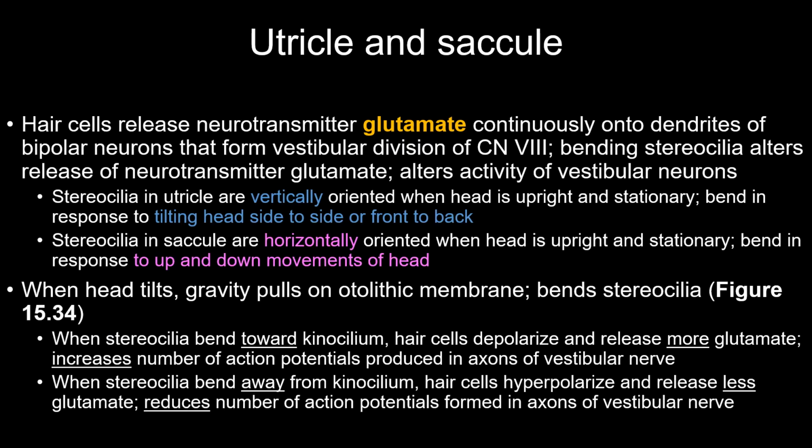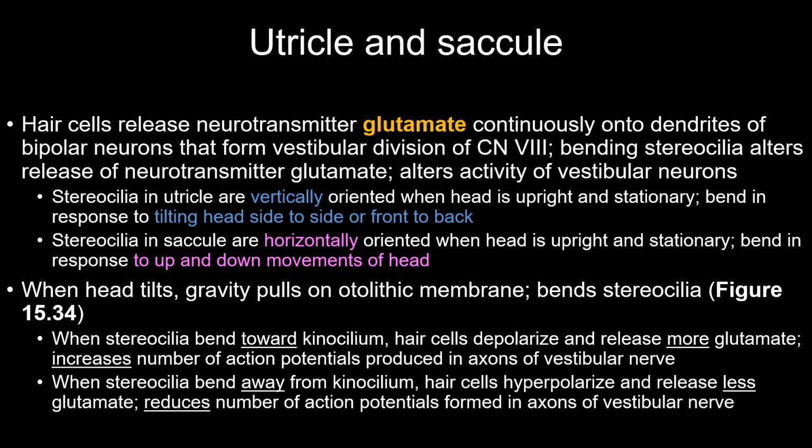Right, they work to release the transmitter glutamate continuously onto dendrites of these bipolar neurons that form the vestibular portion of the vestibulocochlear nerve. And as you may have guessed, bending the stereocilia alters the release of glutamate. And so that is then going to change the activity of the vestibular neurons.